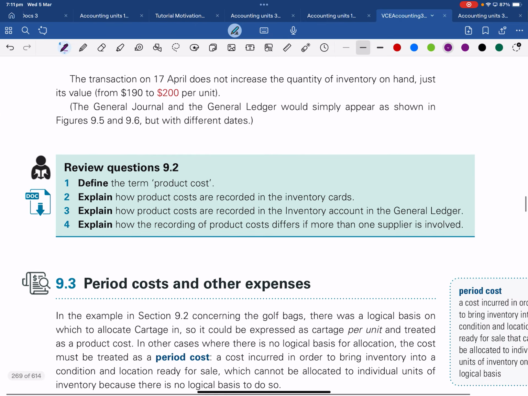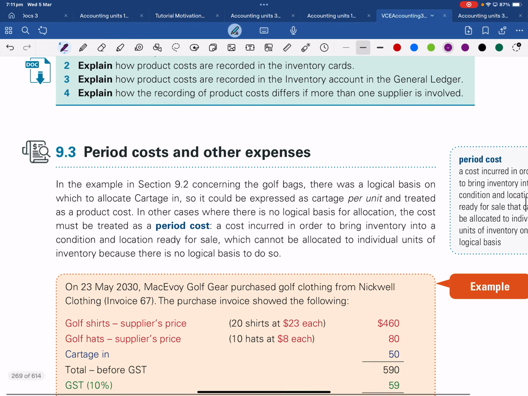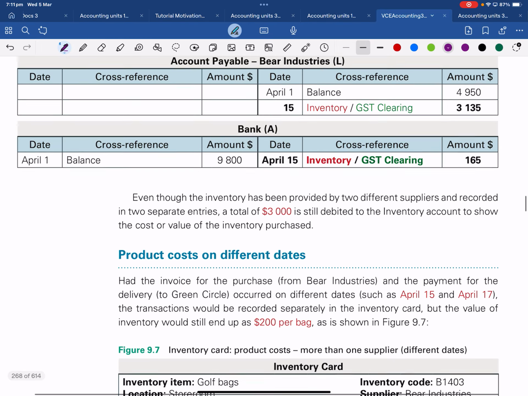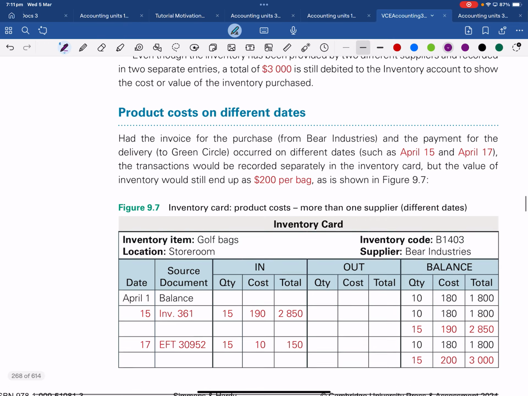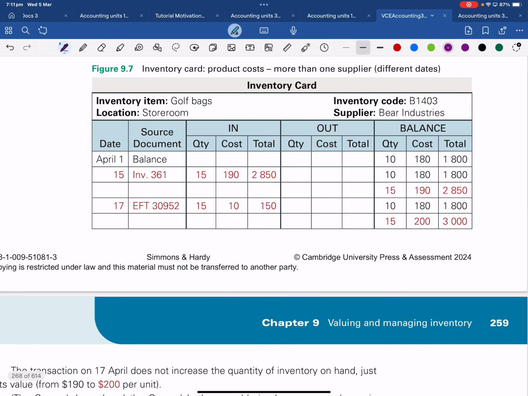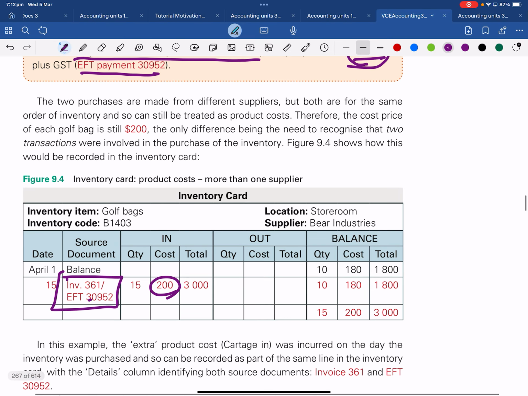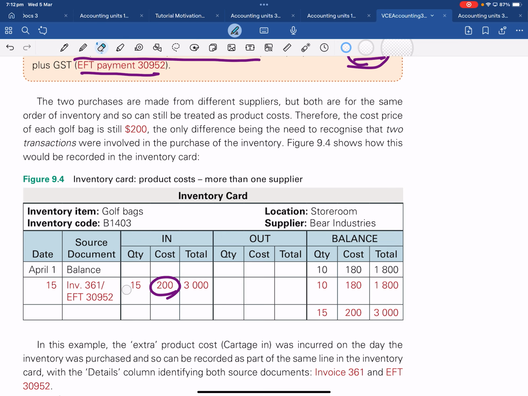Let's say they are different dates. Same information, but different dates. Earlier what happened? Same date, April 15th.